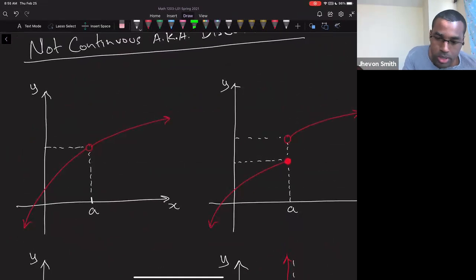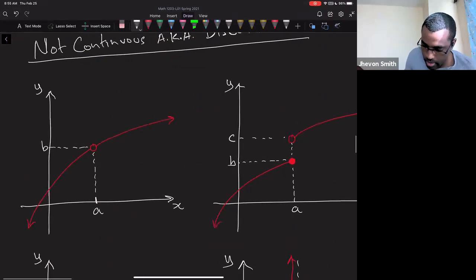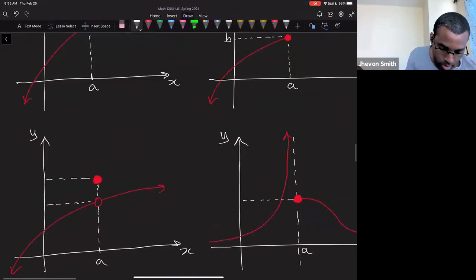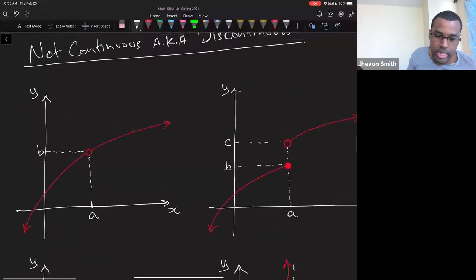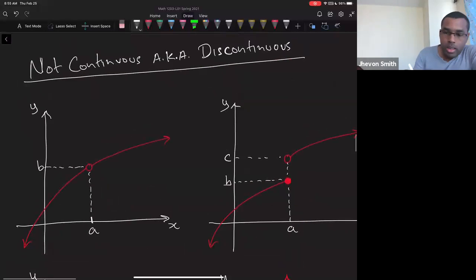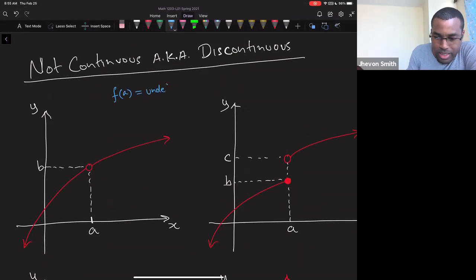So suppose I call this B, and call that C. Let's actually look at it. If I were to go through and try to actually find these things that are in the equation, what can I say? Well, f of A is undefined. It's not even a thing here.